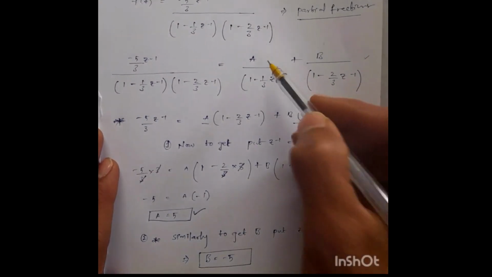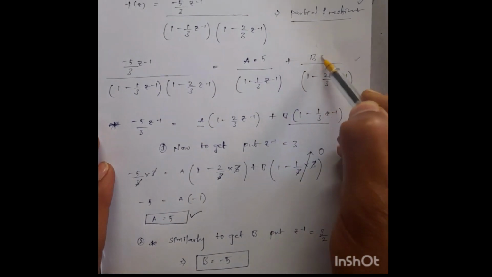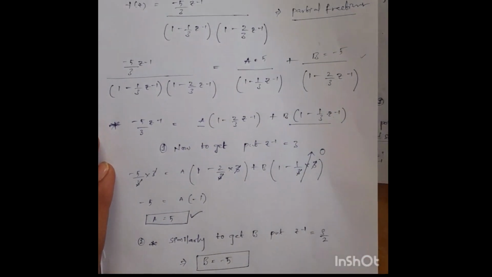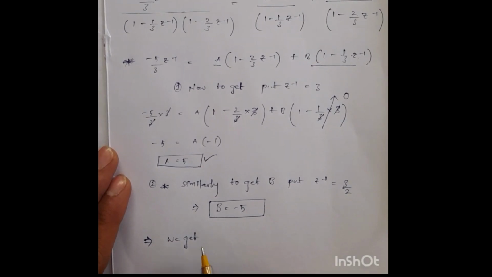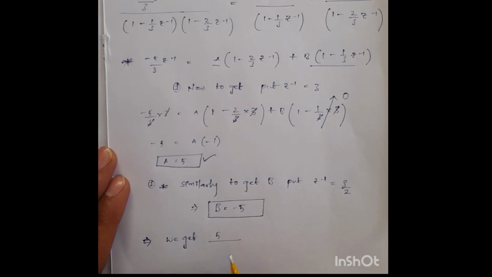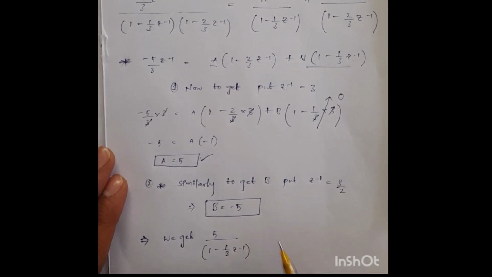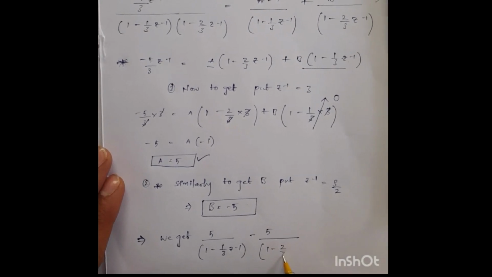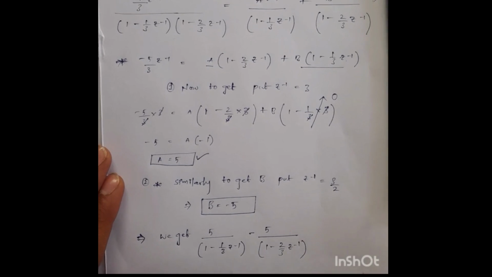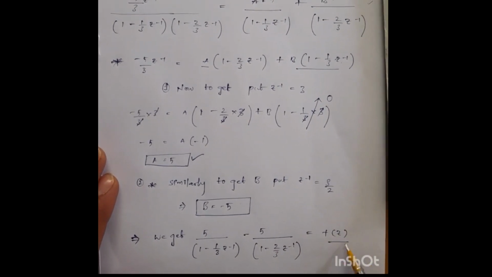So put these values in here. We get the final equation: 5 by 1 minus 1 by 3 into z inverse minus 5 by 1 minus 2 by 3 into z inverse, which is equal to y of z. This is our response.